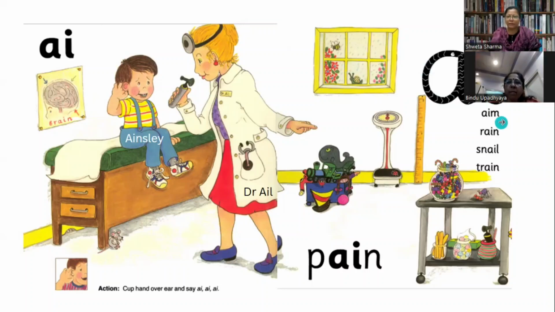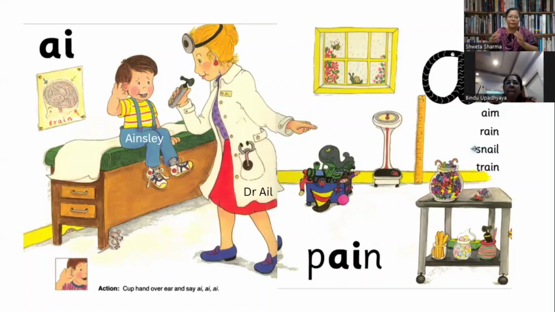They have given aim. Aim basically, when we aim, you can say a bullseye for archery. So there they try to aim it. Okay. What else is there? Rain. Train. Yes, train and snail you have said before.